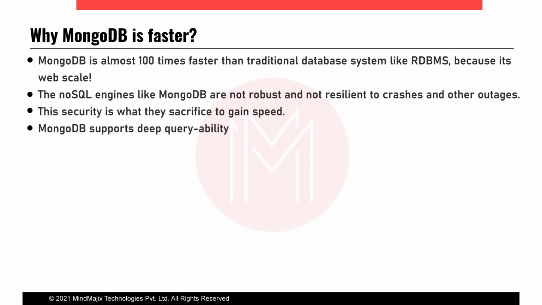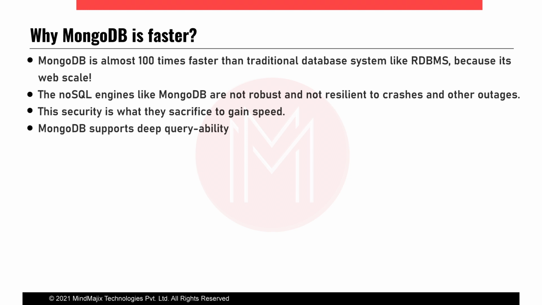Then, why is MongoDB faster? Many people ask this question. It handles a huge number of data, databases, connections, communications, and transactions. But how is this possible? How does it become so fast? The first reason is that MongoDB is web scale.